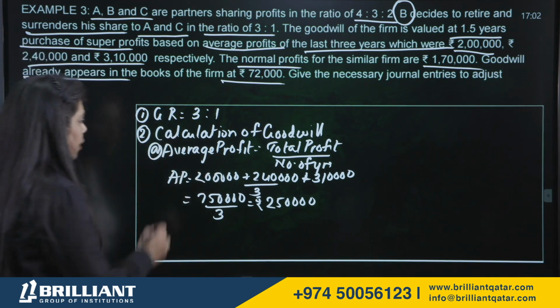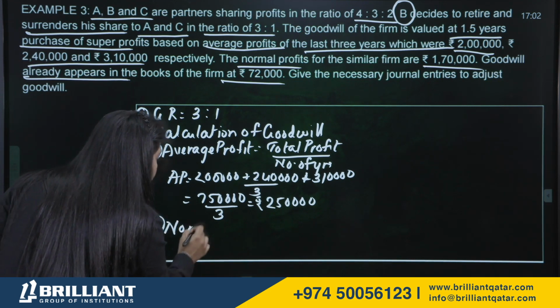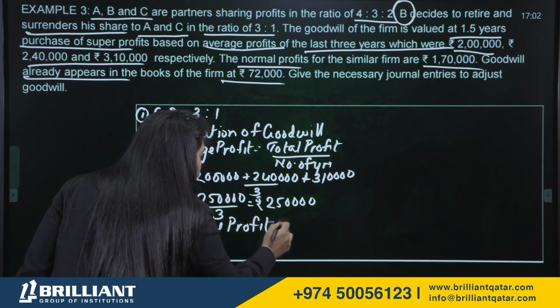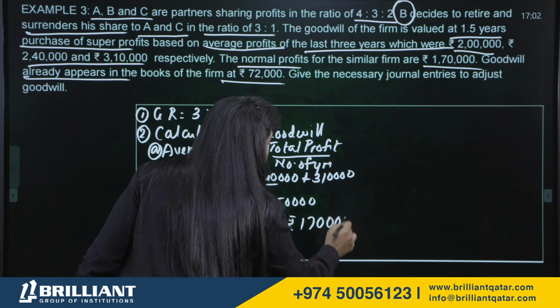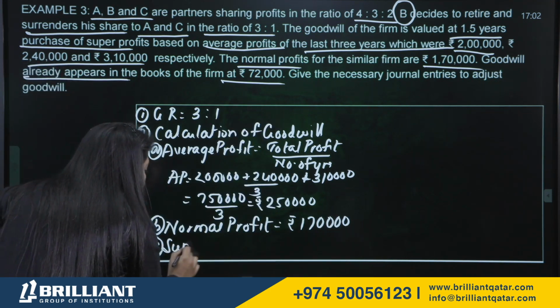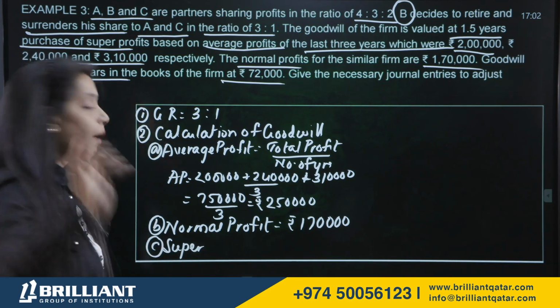The second step is your normal profit. Normal profit is already given in the question and it is rupees 1,70,000. The third step is super profit. The formula for super profit is the average profit minus the normal profit.